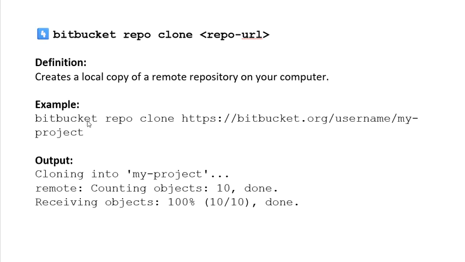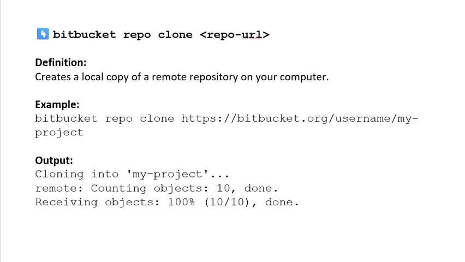The example is bitbucket repo clone with the URL https://bitbucket.org/username/my-project. The output shows cloning into my project, remote counting objects 10 is done, and receiving objects 100%, 10 out of 10, done. These three lines give the output.